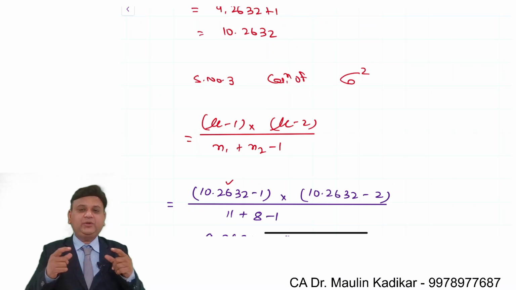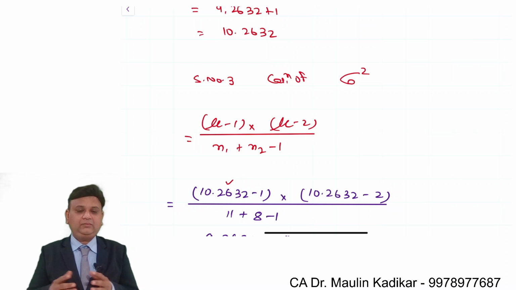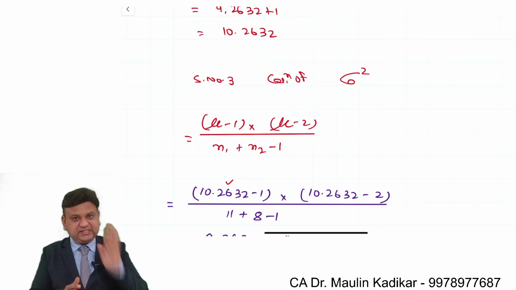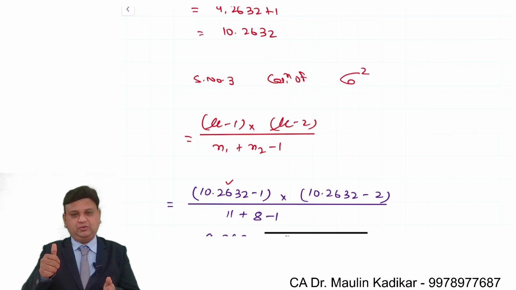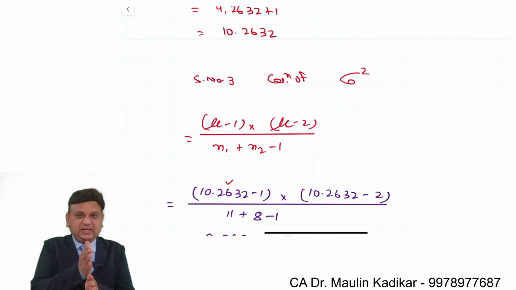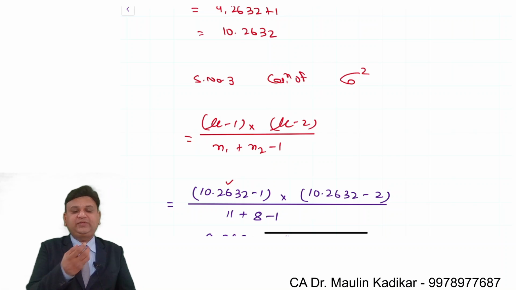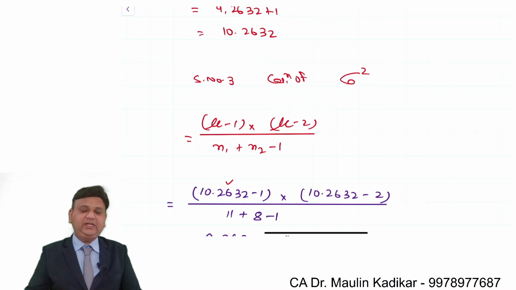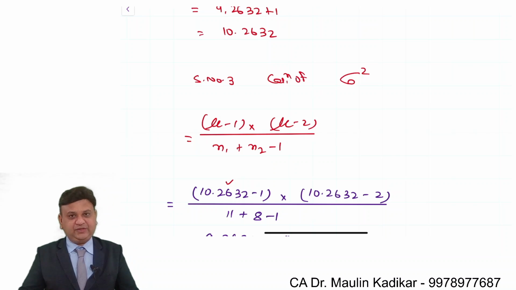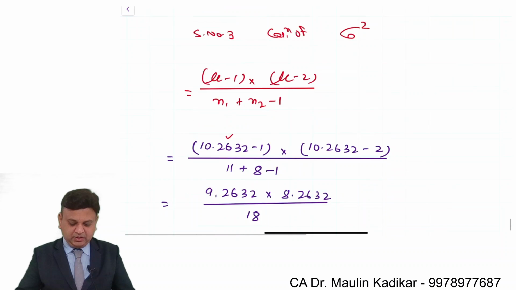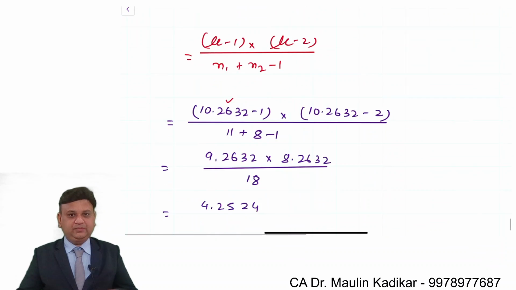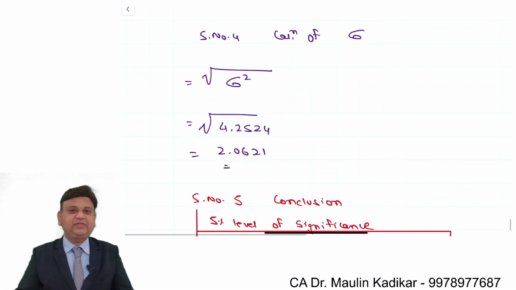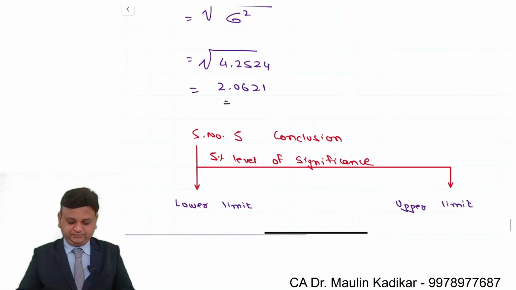It should be 10.2632. So is it necessary to be exactly that? The answer is no. It can be in a range of this 10. What is that range? For that, we need to compute the variance and standard deviation. So variance is found, and then the square root of the same is the standard deviation.